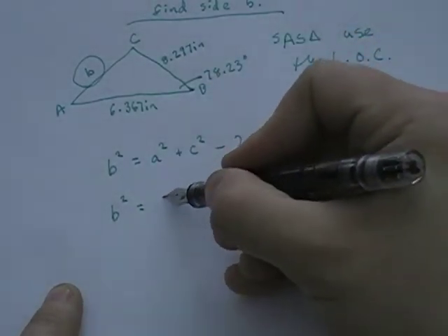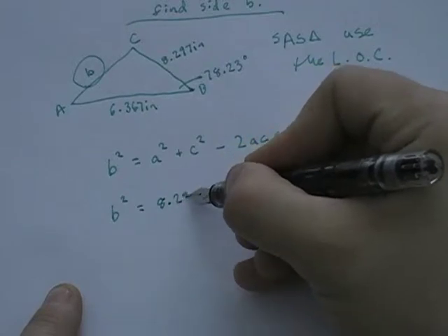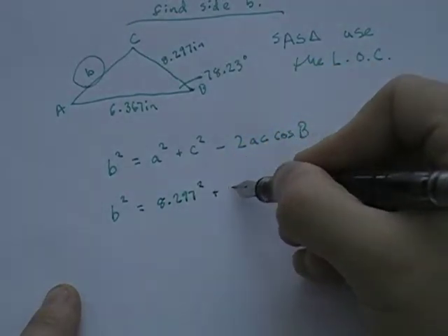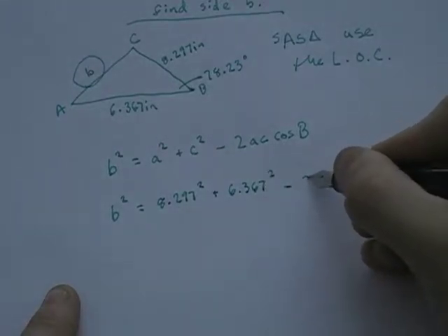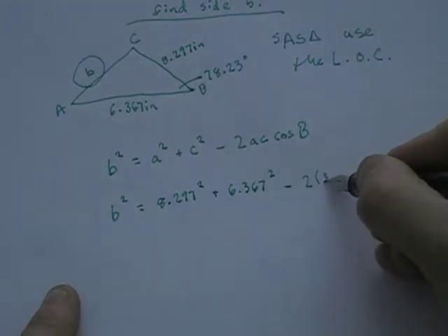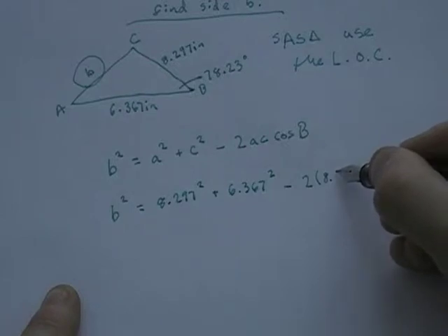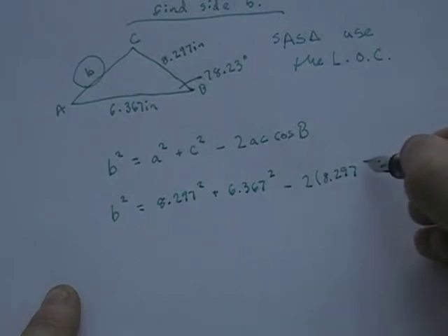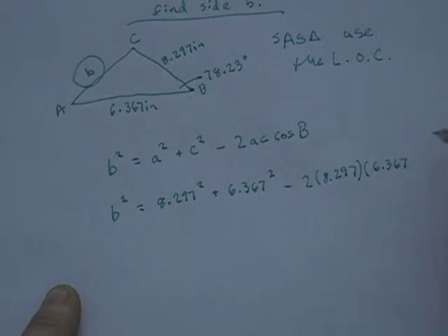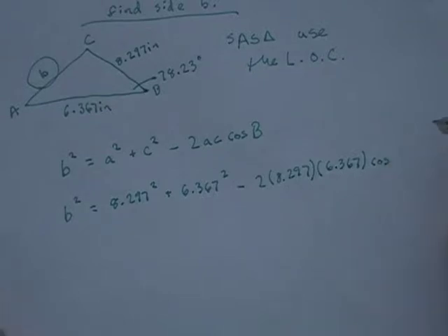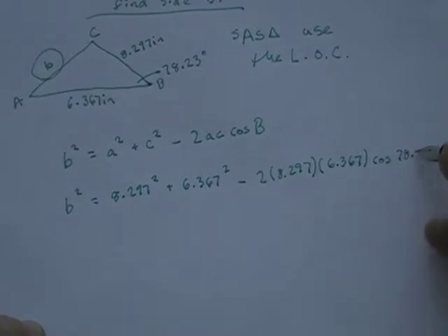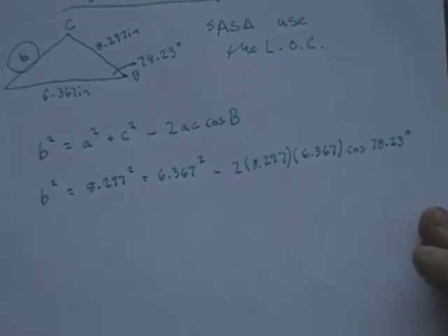We have side A is 8.297 squared plus 6.367 squared minus 2 times 8.297 times 6.367 times the cosine of 78.23 degrees. Okay, so that's a screenful, isn't it?